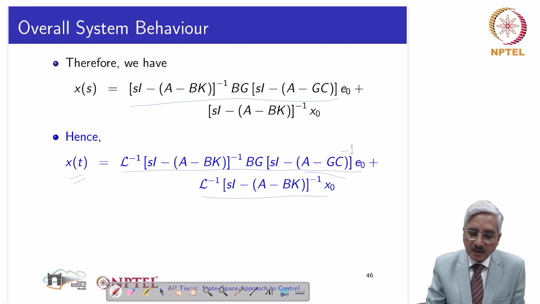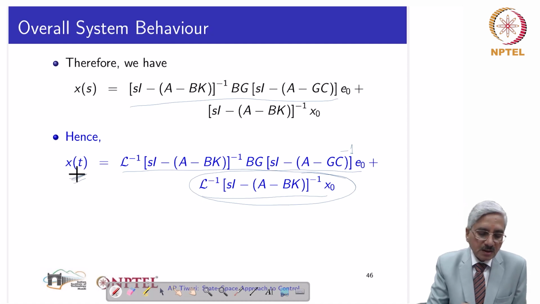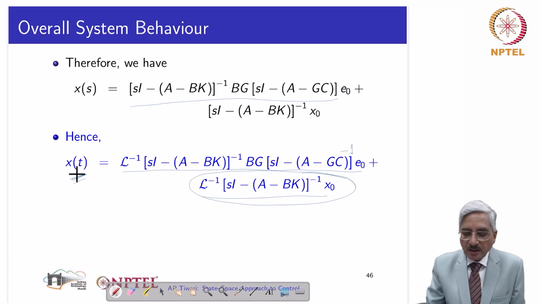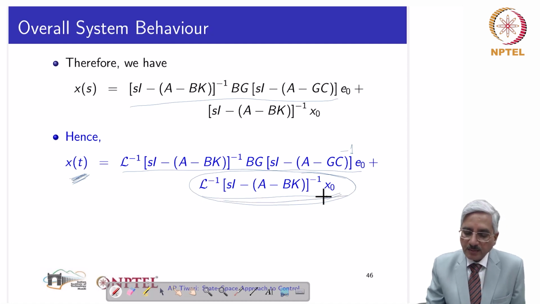One term depends on x0, which is very usual. We did the solution of state equations, and we saw that the response of the system consists of two terms, one dependent on the initial state and the other dependent on the applied input. Here there is no input, so it is very natural that the response of the system will consist of one term depending upon the initial state.